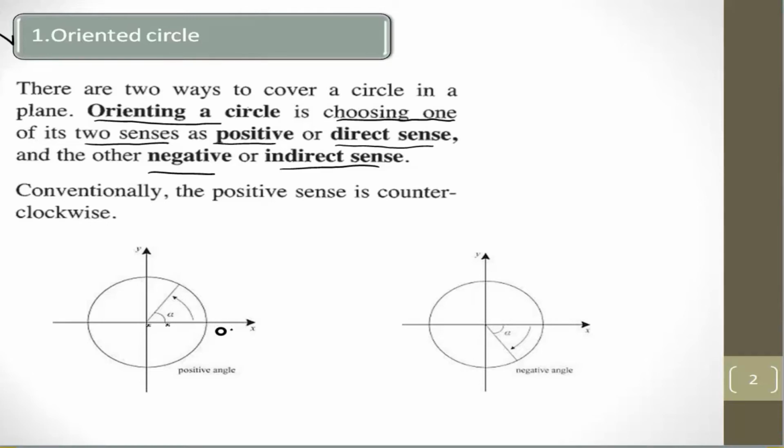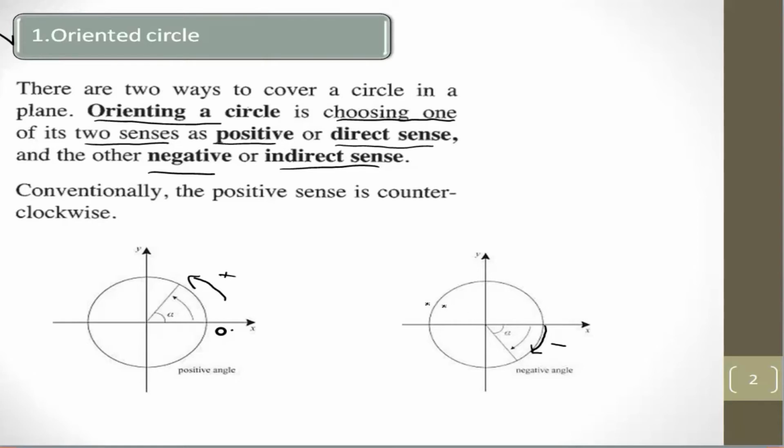We always start from the positive axis, which is the 0. This angle is 0 degrees or radians. If you go anti-clockwise, it's called the positive sense or positive direction. And if you start from here going down, it is the negative sense, or clockwise.